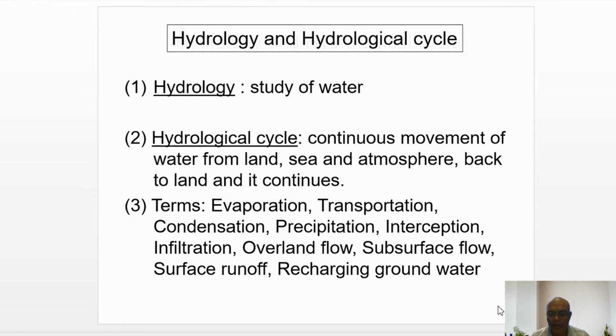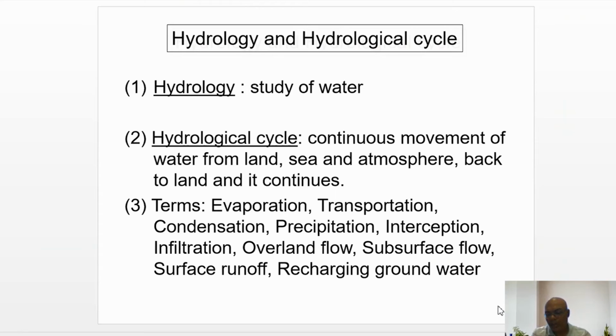Overland flow, there is infiltration, and this infiltrated water seeps through the ground, and part of this infiltrated water reaches groundwater. The remaining flows parallel to the land and reaches the surface at the nearest stream or river.